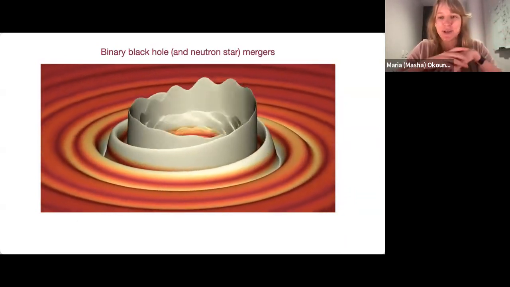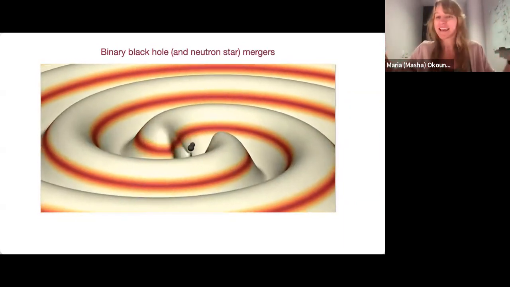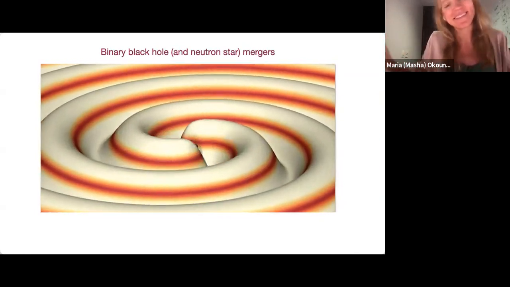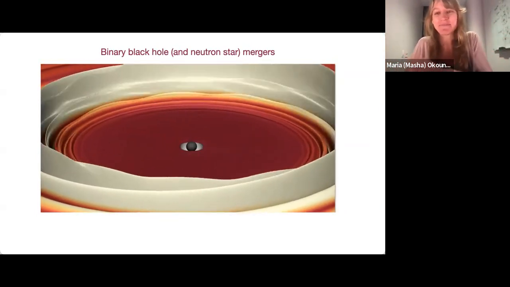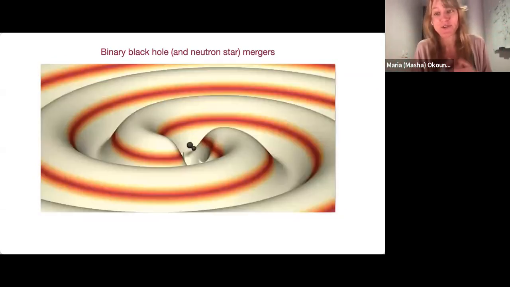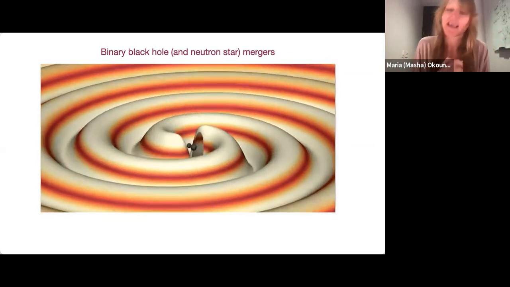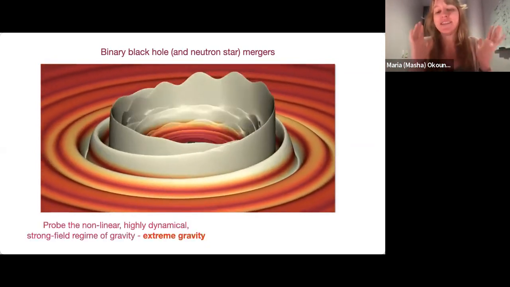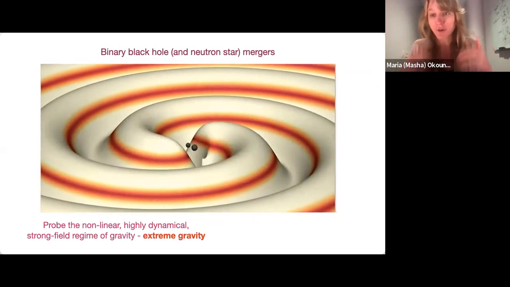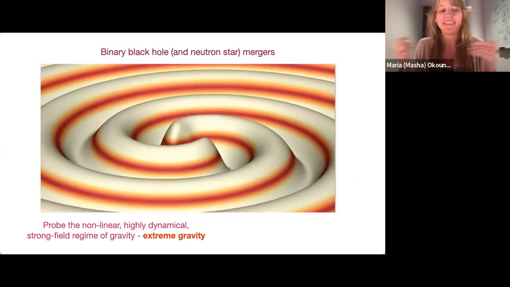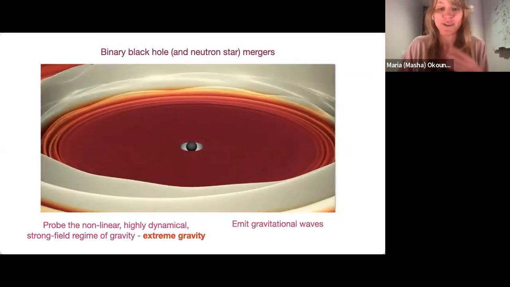Here's an animation from an NR simulation where you can pay attention to this ripple here, which corresponds to how highly spacetime is distorted and disturbed. You can see that especially during the merger phase, spacetime becomes nonlinear, highly dynamical, really probing the strong field regime of gravity. So we really get to gravity that's highly nonlinear, highly dynamical, and in the strong field.